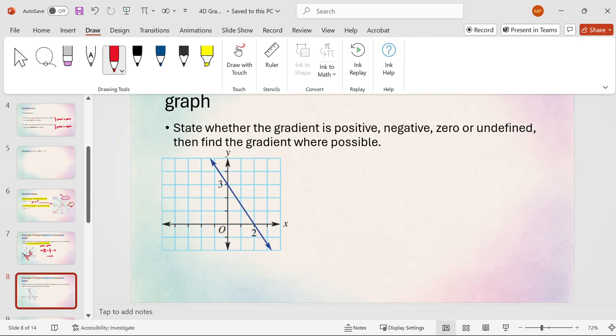Now let's have a look at this one here, over the green. Same type of question, just a different graph. So have a look. Left to right, my y values are going down. So we know it's going to be a negative gradient. Now, let's just draw a triangle.